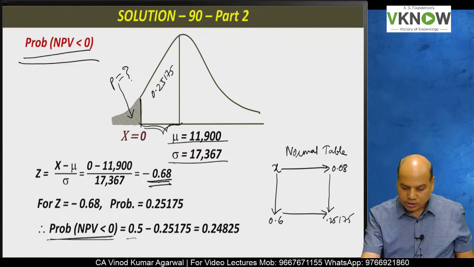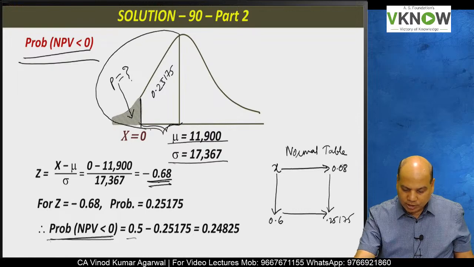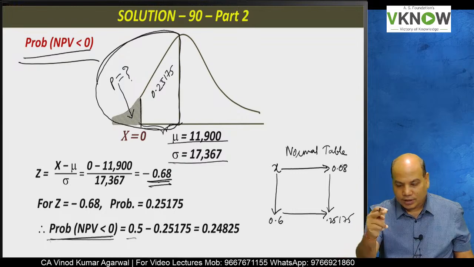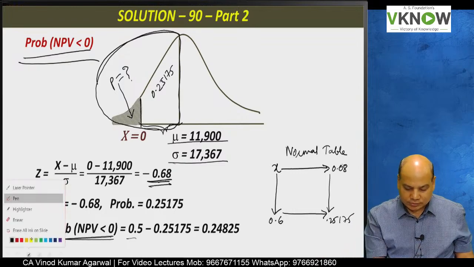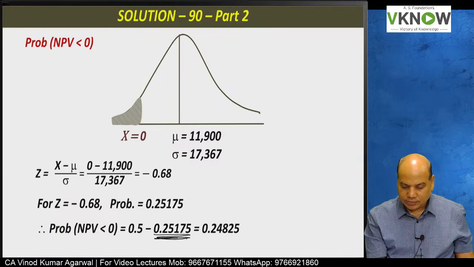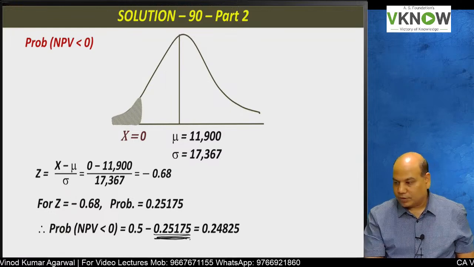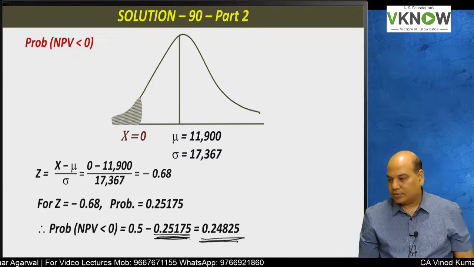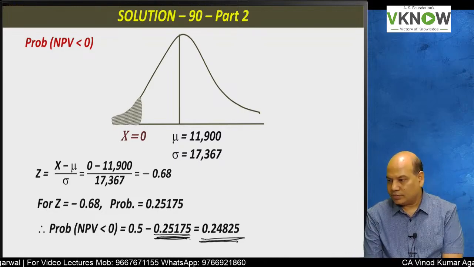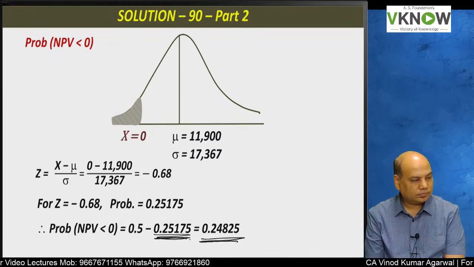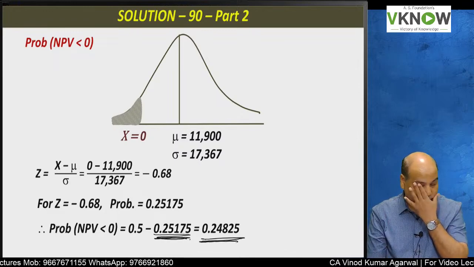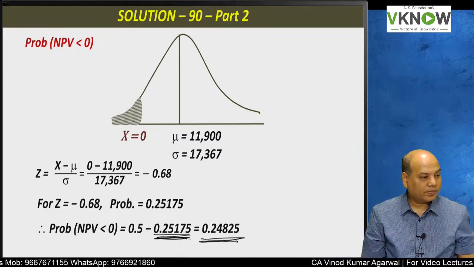Less than 0 will be total probability on the left side of the mean, 0.5 minus this number, 0.25175. Therefore the answer is 0.24825.